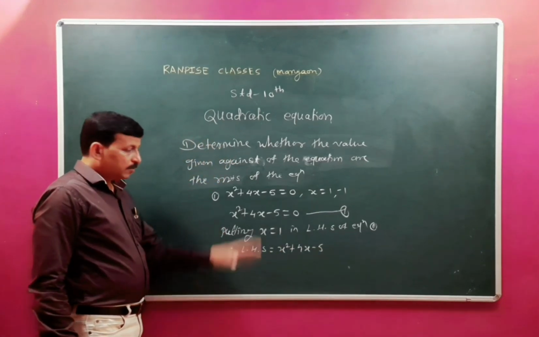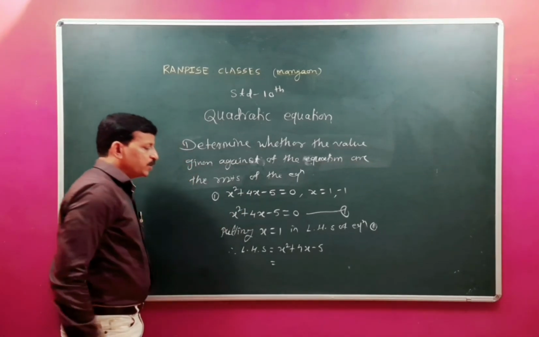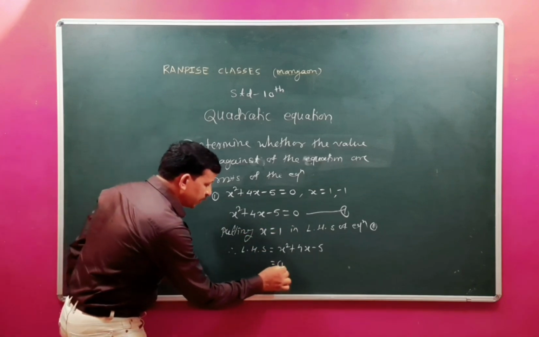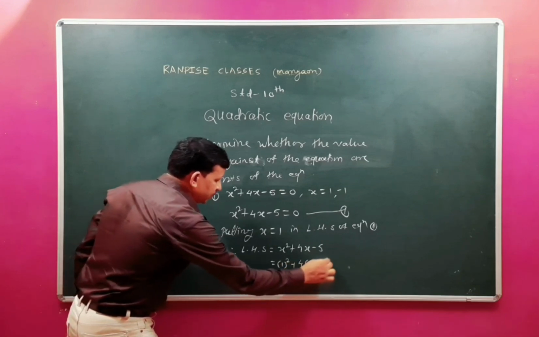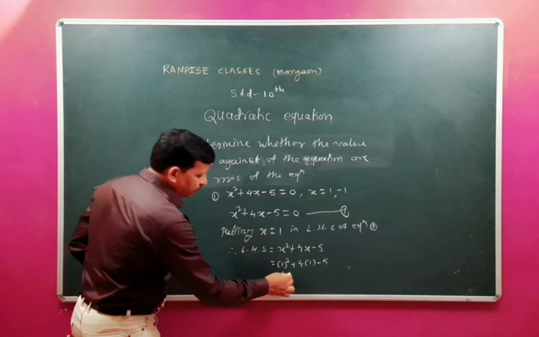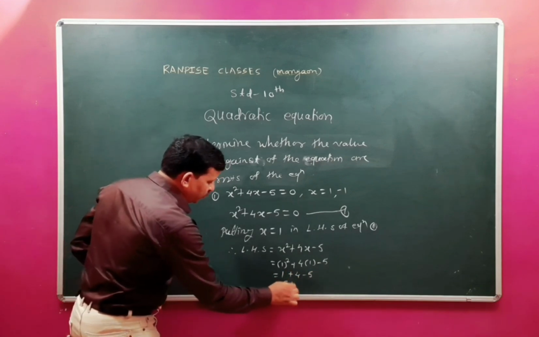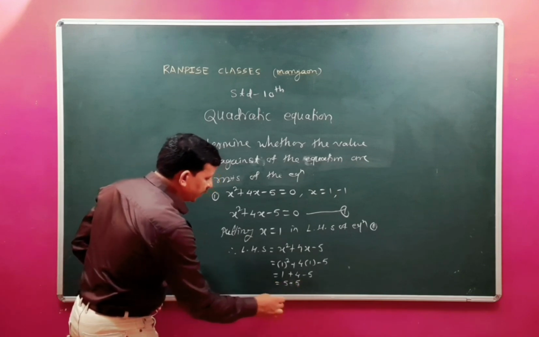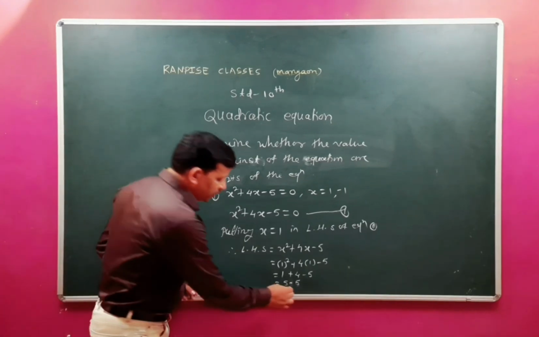LHS means before the equal sign, substitute the value x = 1. Then here 1² + 4(1) − 5. 1² is 1, plus 4 minus 5, equal to 5 − 5 equal to 0, equal to RHS.